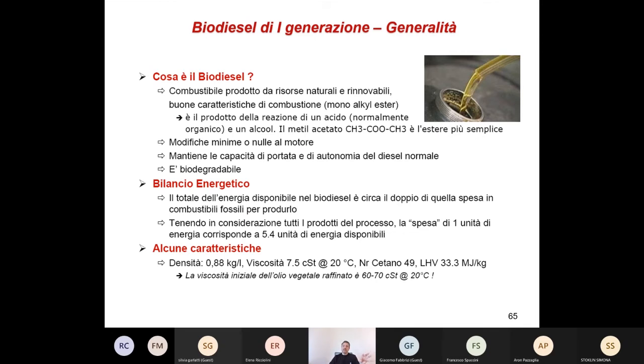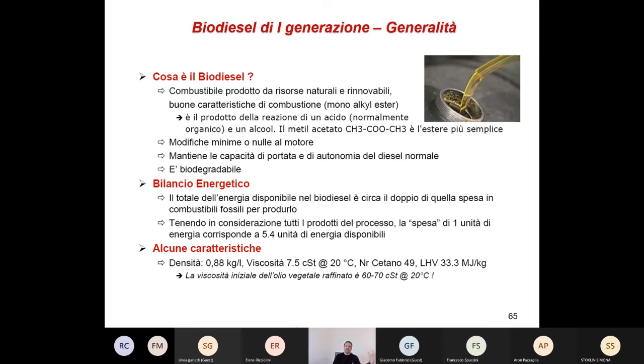Okay, and it's important because probably for biodiesel the possibility of having a high percentage of biodiesel mixed with diesel is there, you could reach a very important percentage, not only 7%, which is the actual limit.